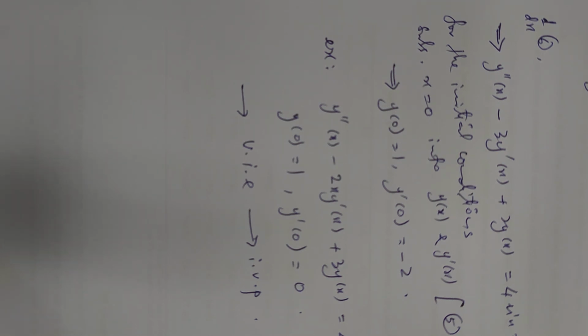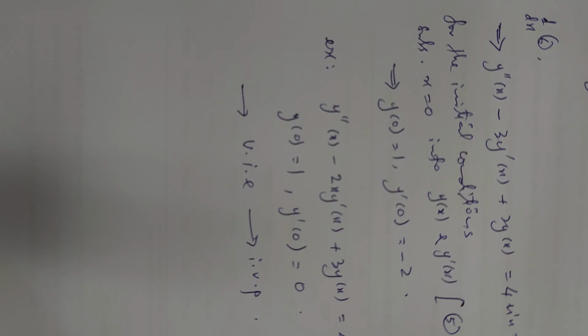Now, from the obtained Volterra integral equation, in order to get back to the given initial value problem, what we need to do is differentiate once and differentiate twice. In this differentiation process, we need to use the Leibniz rule. Alright, then you can find what is y, what is y prime, and then what is y double prime.